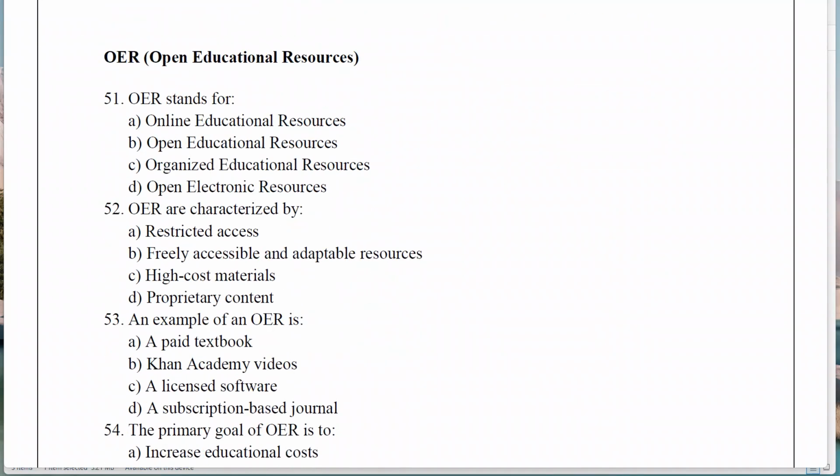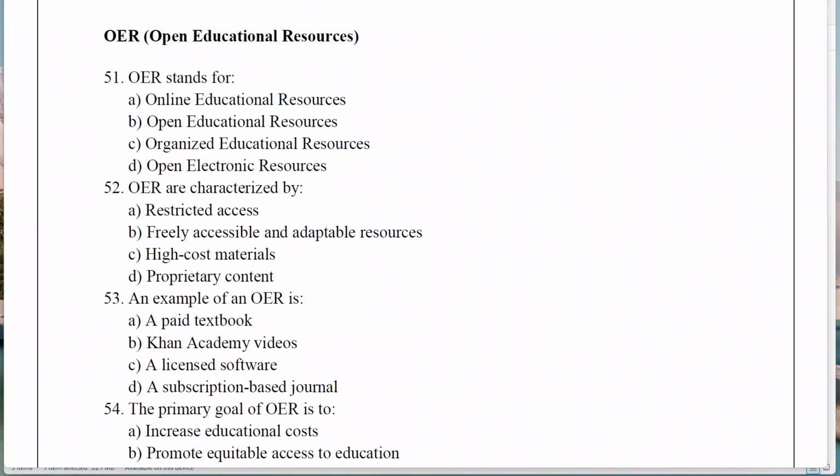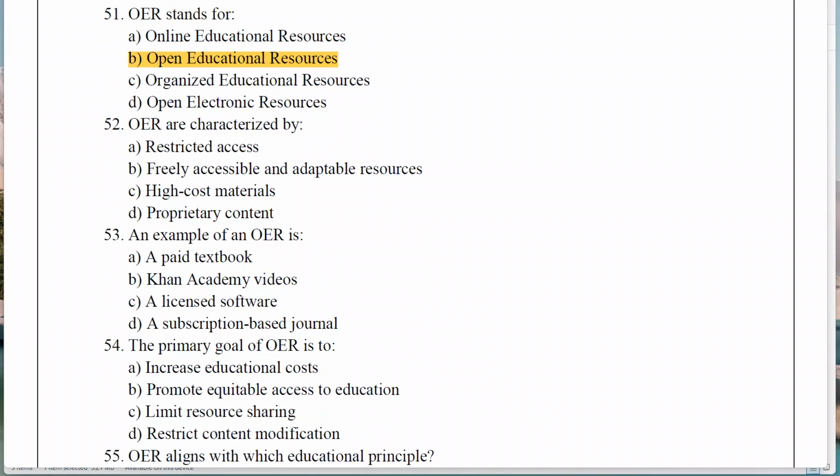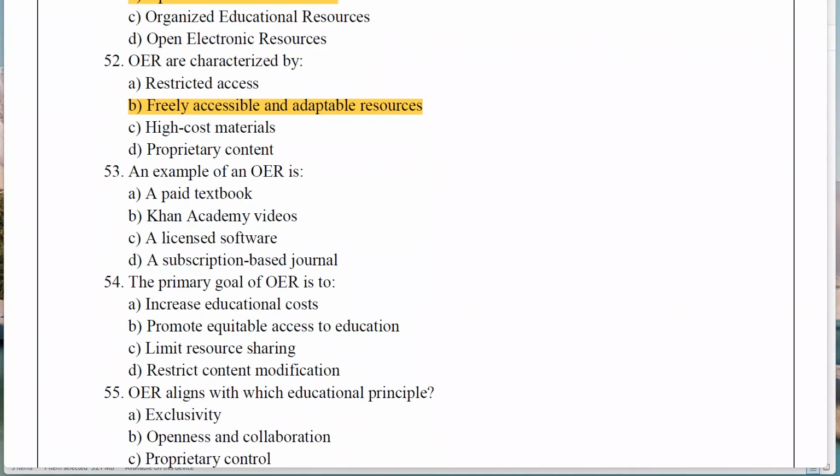Next topic, OER, Open Educational Resources. OER are characterized by freely accessible and adaptable resources. An example of OER is Khan Academy videos.